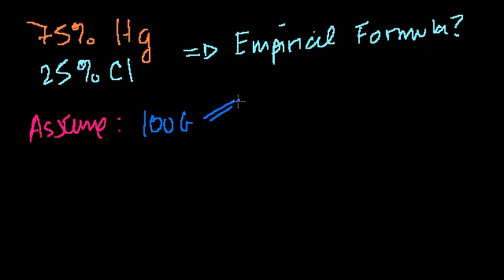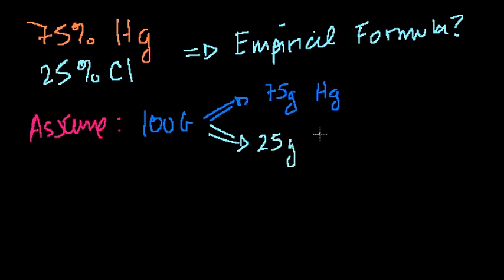Well, you have 75% of that, which means you have 75 grams of mercury, Hg, and 25 grams of chlorine. You might be asking where I got these numbers. I got them because I assumed 100 grams. I could have assumed 112 grams or 7 grams, but those would have been harder numbers to work with.